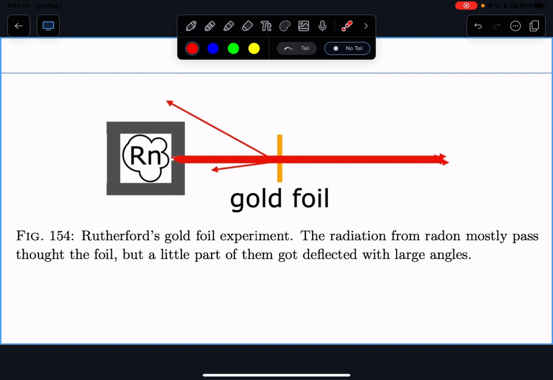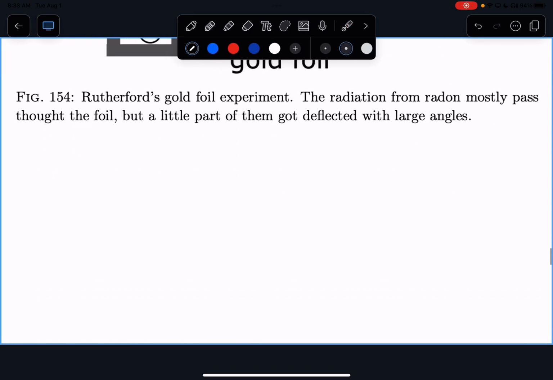So the trick is to blast a gold foil with this radiation. The reason we use gold foil is because you can hammer it so it's really thin, so that there are only a few layers of atoms in the gold foil.